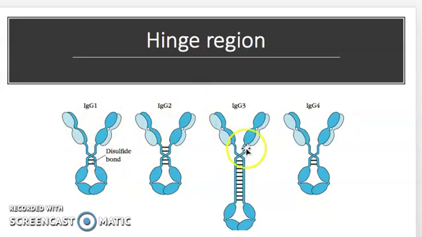Depending on the amount of cysteine and proline residues, that really determines how flexible these different arms will be. And so it really depends on the antigen that it's trying to bind, whether it's going to be profitable in the affinity of binding the antigen or not. But that's the hinge region.